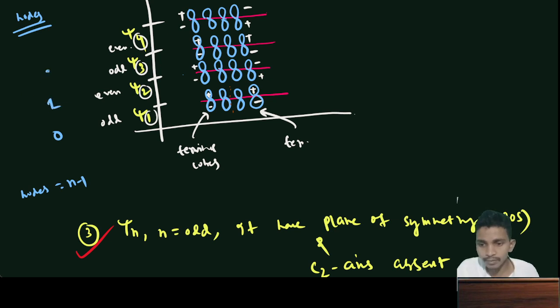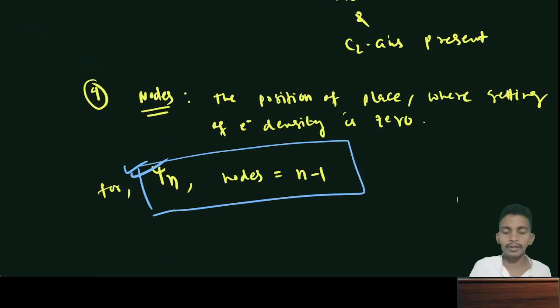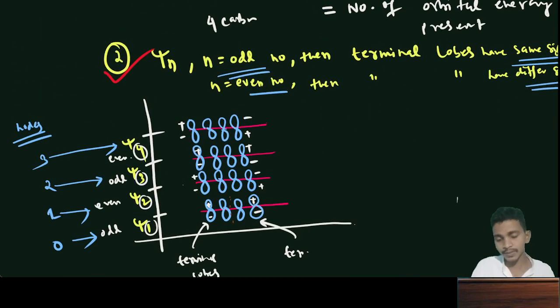Here that is 2, and here that is 3. It means that for psi 4 you will get 3 nodes, here 2 nodes, here 1 node, and here 0 nodes. So applying these 4 concepts, we will make the orbital representations for any organic molecules.